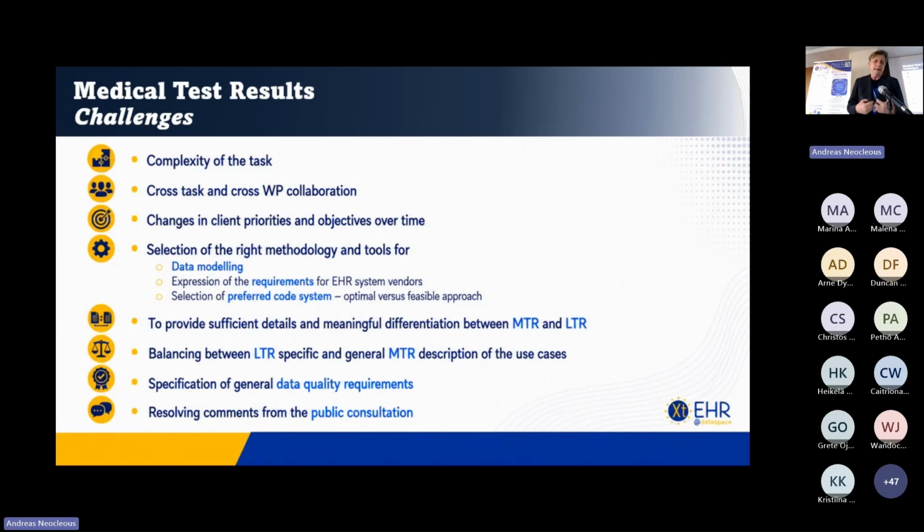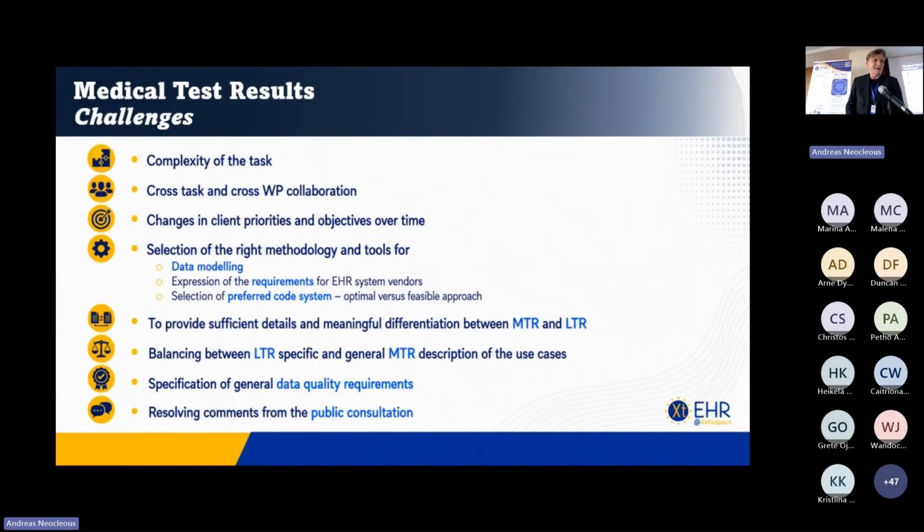And we felt a need to specify general criteria, like, for example, if you present a result of some measurement, you always should present it with the result measurement unit. So we try to specify what needs to be presented, but not specify how it should be presented. And the how is then the domain of the implementers and software vendors.